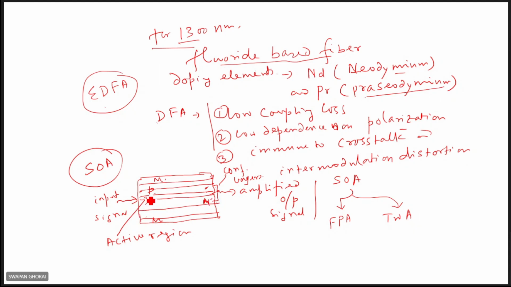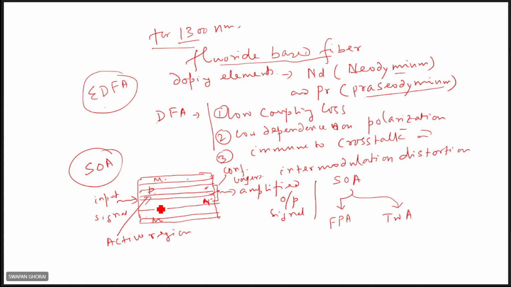Others are metal contacts, substrate, heat sink, etc. Extra layers are also used for lattice mismatch.